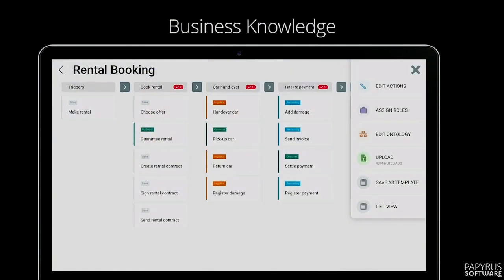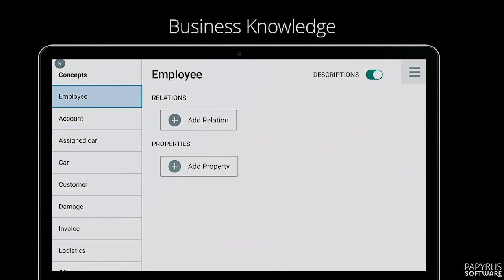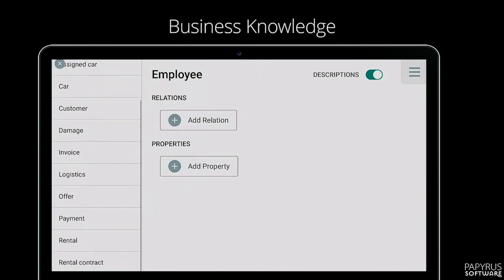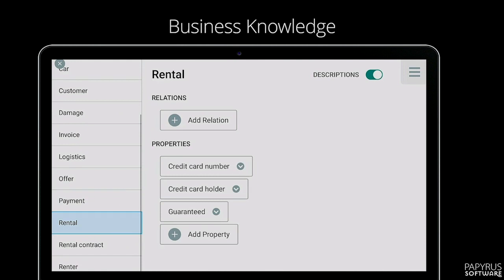So what we do is that the definition that is already inside this value stream is automatically extracted into a business knowledge model. So you can see that we have automatically, without doing that additionally, found out which are the terms and the concepts that you are using while defining this and how they are connected.